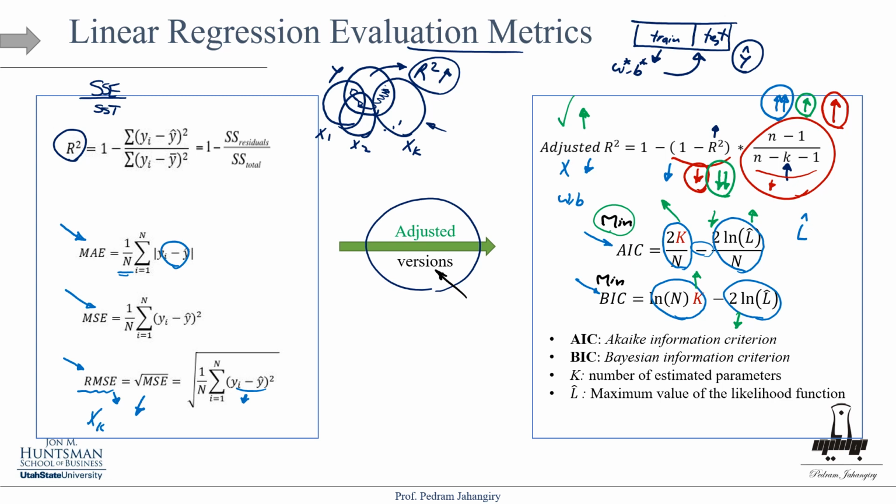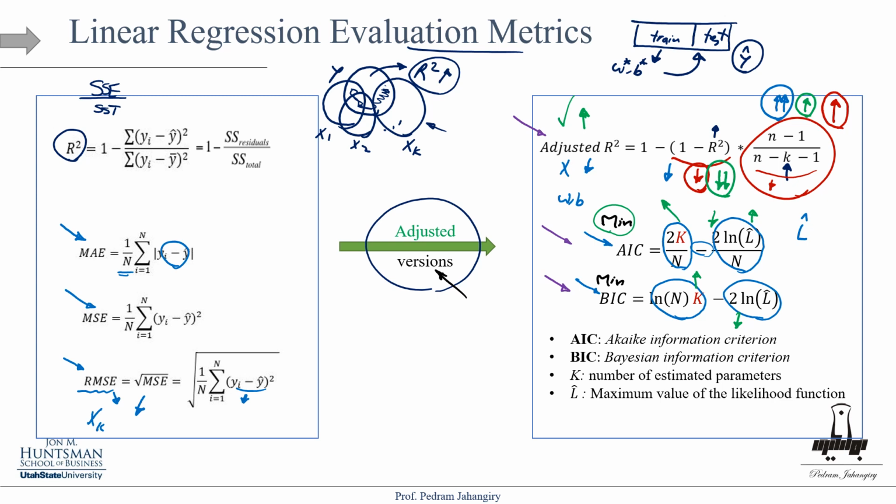All right, but I want to talk about something that we do in machine learning. If you notice, in machine learning we rarely use these metrics, adjusted R-square, AIC, BIC, etc. And there is a reason for that. The reason that we use these adjusted versions in econometrics is that usually in econometrics we use a train set and look at the performance of the model in the train set as well.